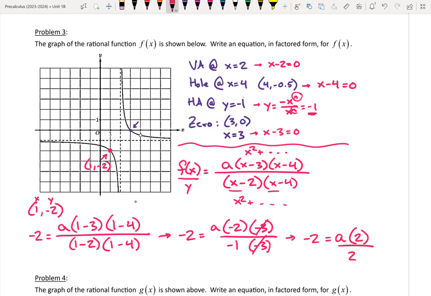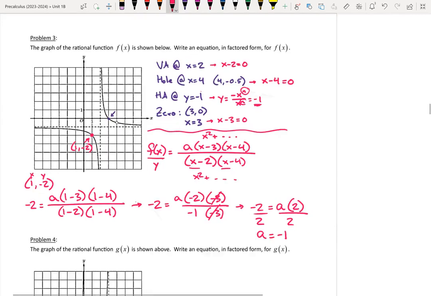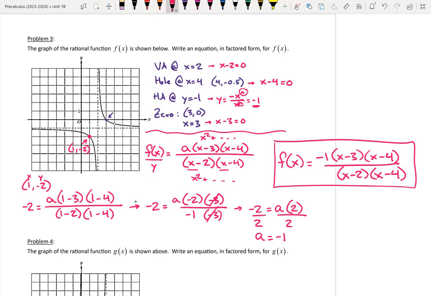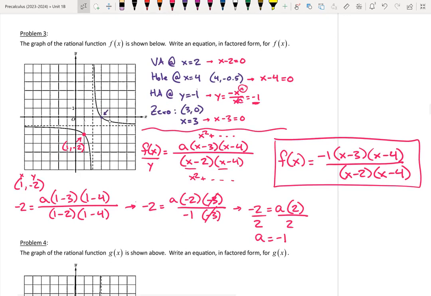If we divide, we check out that a is equal to negative 1. So we can say with certainty now that our function is negative 1 times x minus 3 times x minus 4 over x minus 2 times x minus 4. We can use decimals or a graphing calculator to double check that, but that should be our function.